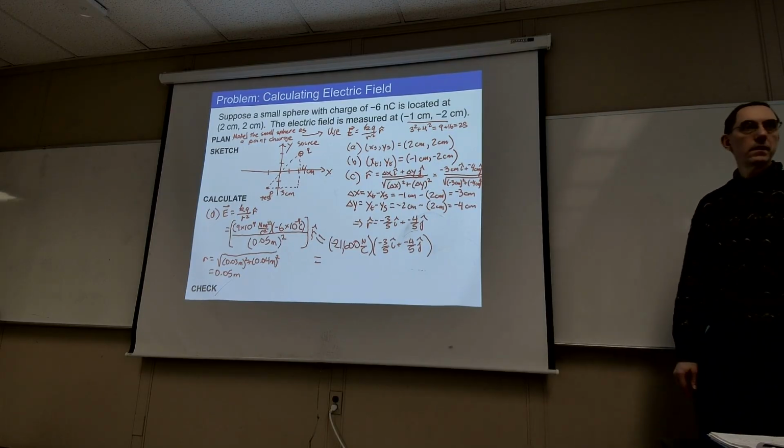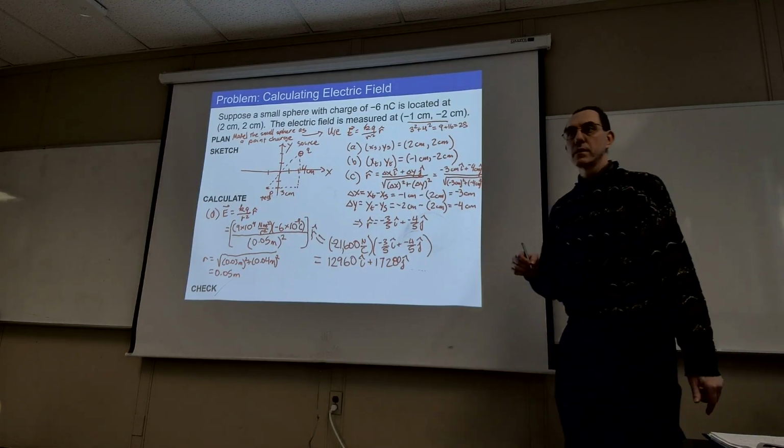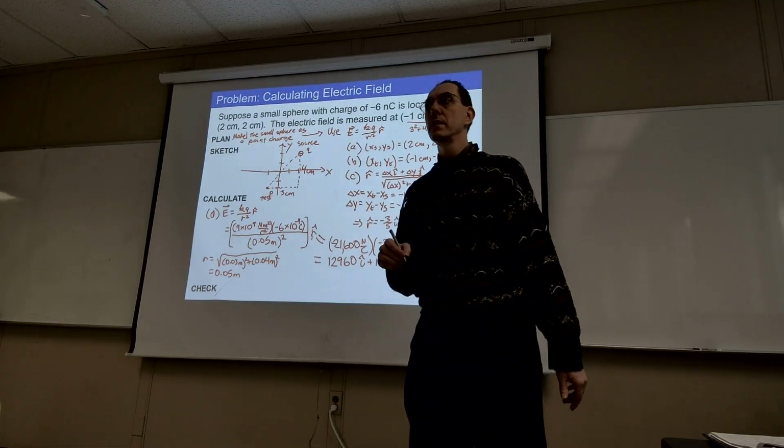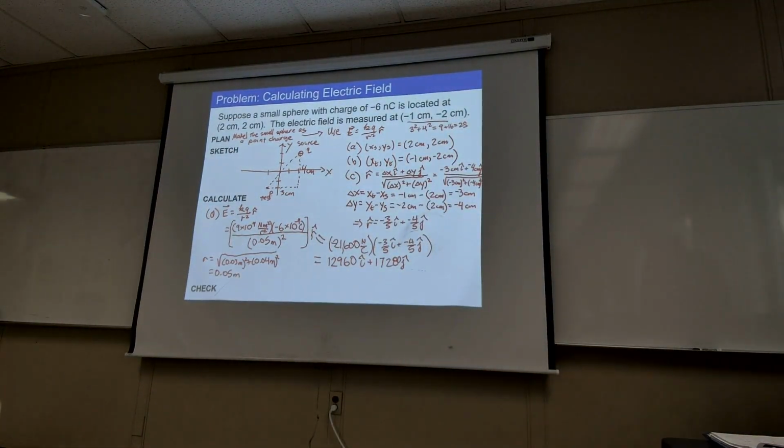The answer here? I got 12,960 i-hat and 17,280 j-hat. Is that right? Okay, did you get that? Anybody else get that? And again, that's in newtons per coulomb.